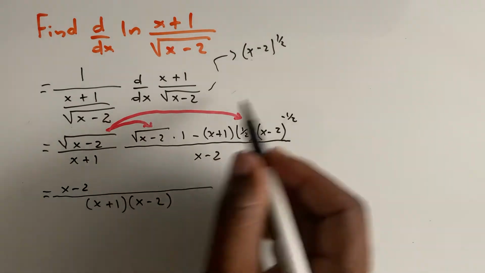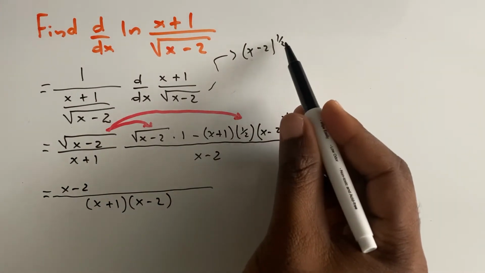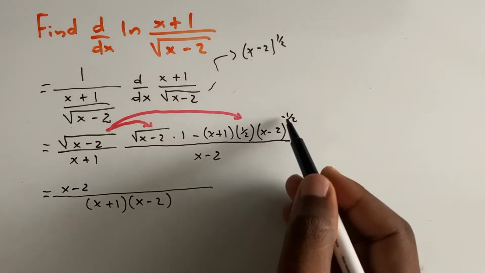Then you multiply square root of x minus 2, which is again x minus 2 to the half, by x minus 2 to the negative half.